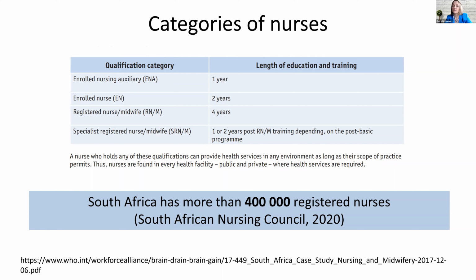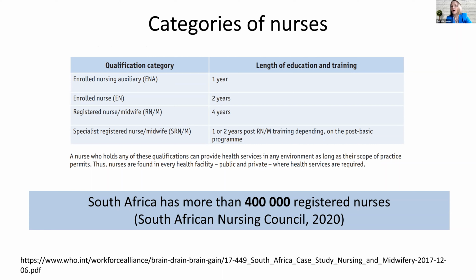The enrolled nurse is somebody who has 2 years of training, and this is a nurse that does a lot of the normal kind of nursing tasks, but works under the direct supervision of the registered nurse or the professional nurse.